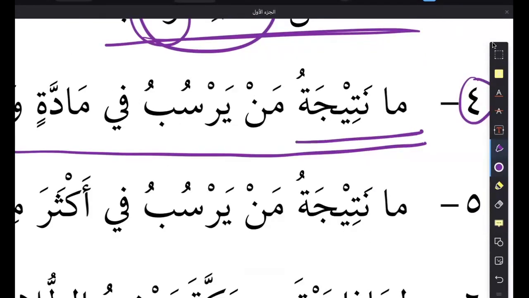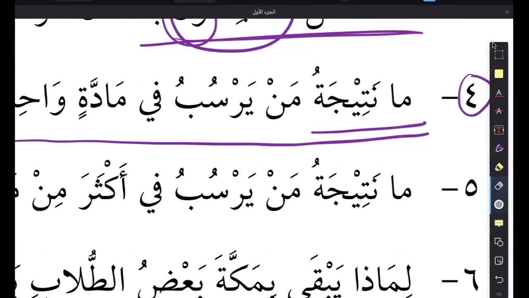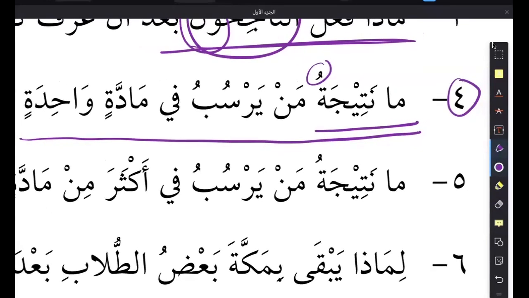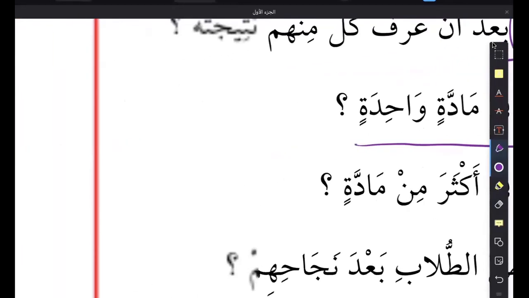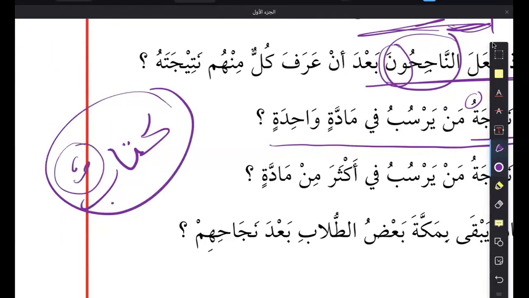We have ma natijatu. Remember, it should be natijatun. Okay, so what is going on? Why do we have only one dhamma? Then he says man yarsabu fi maddatin wahida, who failed in one subject. This is a little bit tricky. When you say kitabun, this tanween, a lot of people will say this tanween represents indefinite.